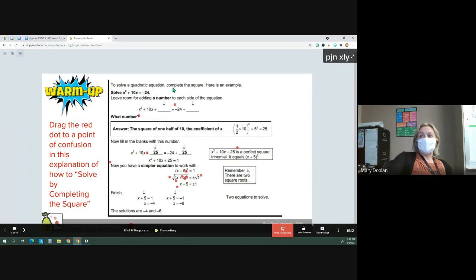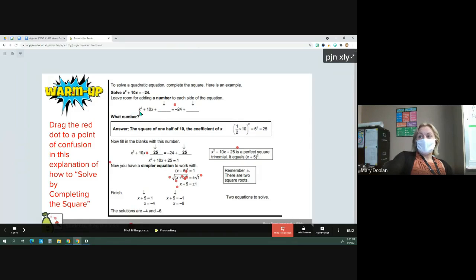One way to solve these is by completing the square. And so here is an entirely worked out example of that. To solve this, we are going to think about what number we can add on both sides, because we want to be able to complete the square.